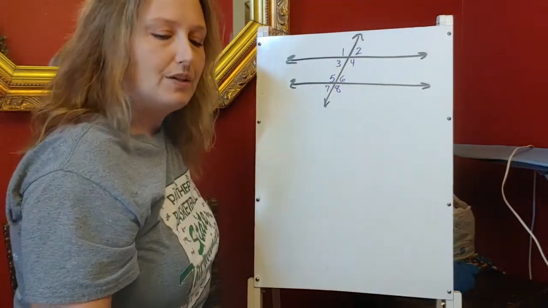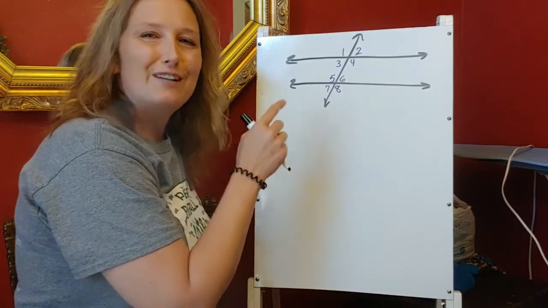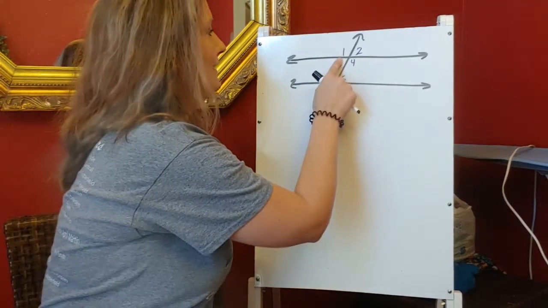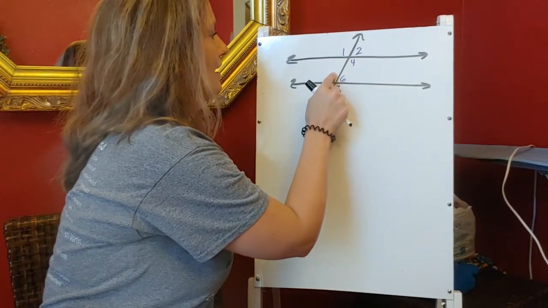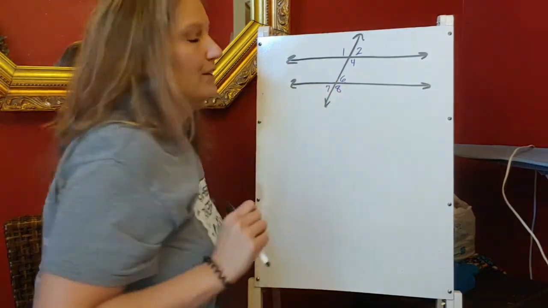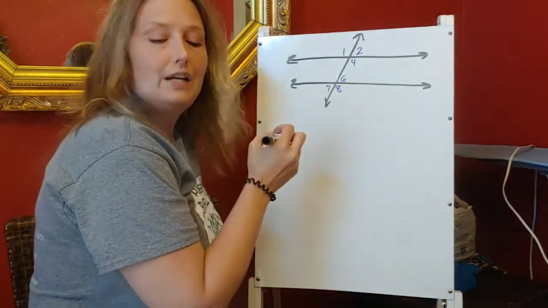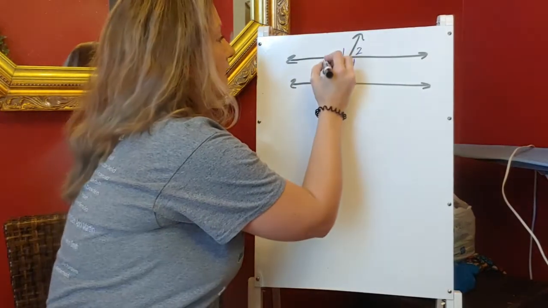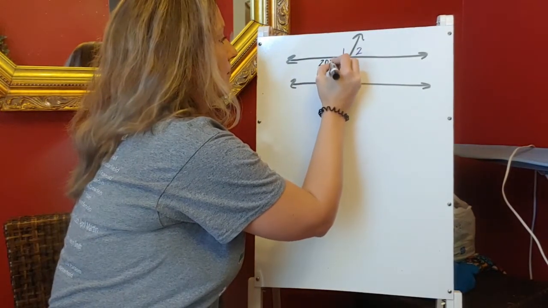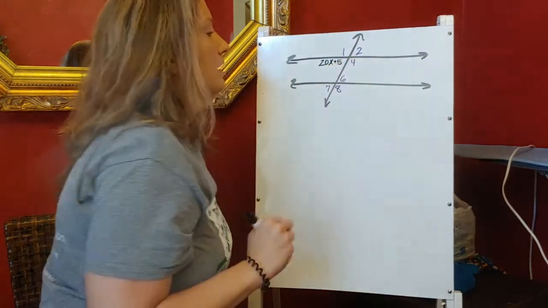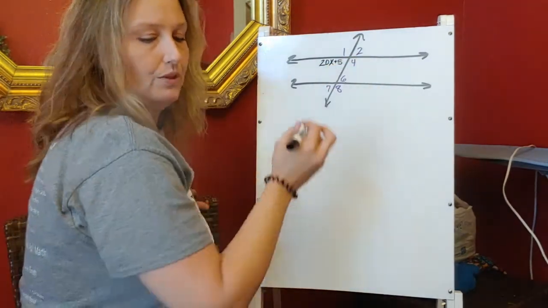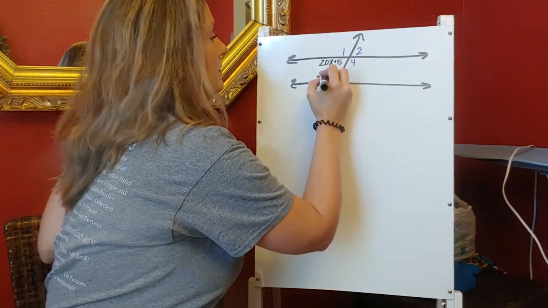So let's put in some expressions. I'm going to use 3 and 5 because you know my affinity for odd numbers. 3 is going to be 20x plus 5. And then 5 down there is going to be 24x minus 1.